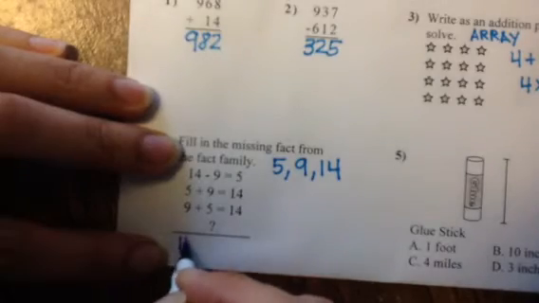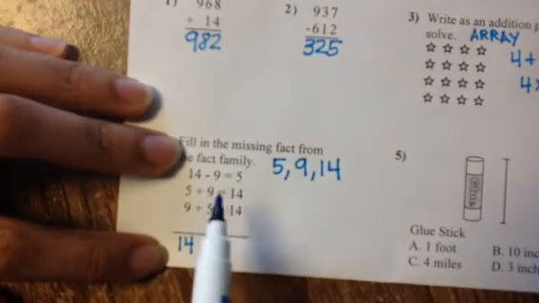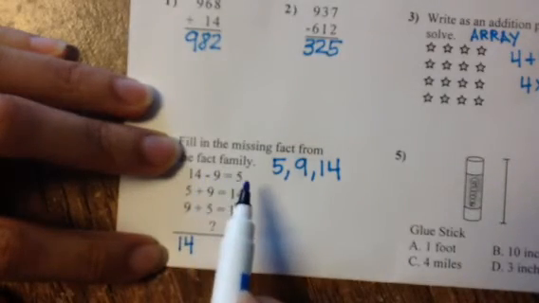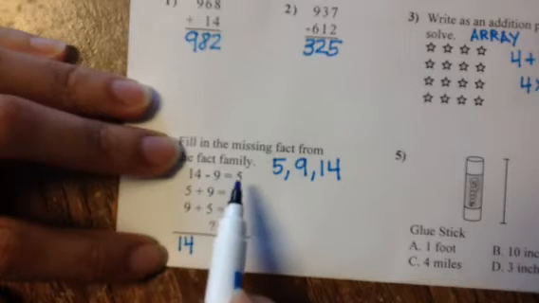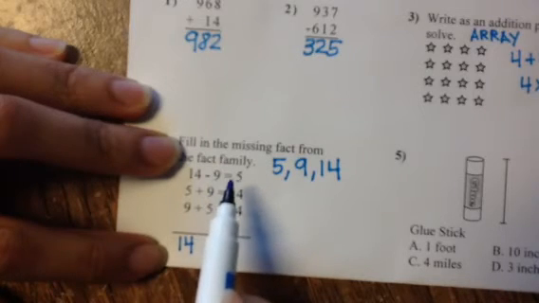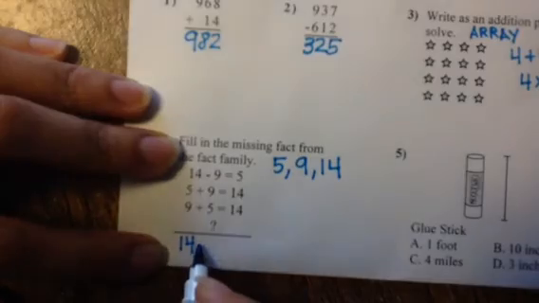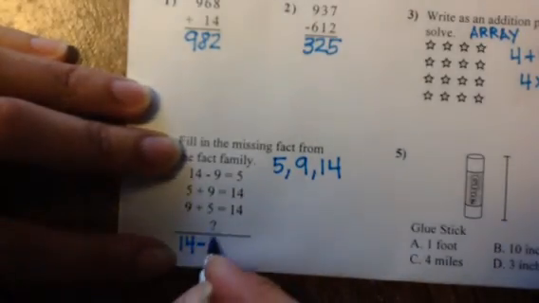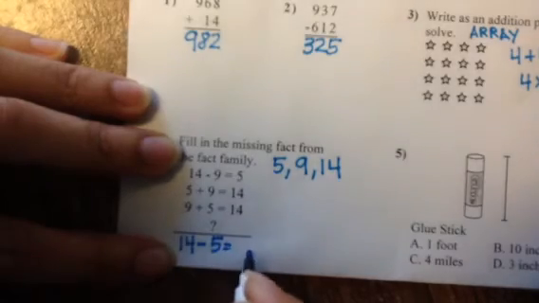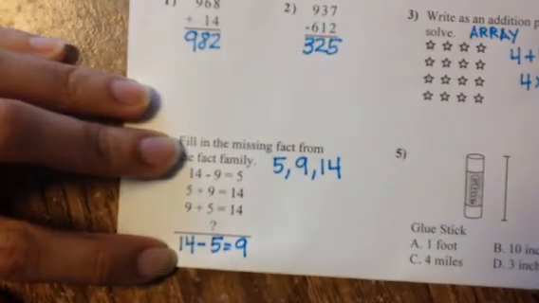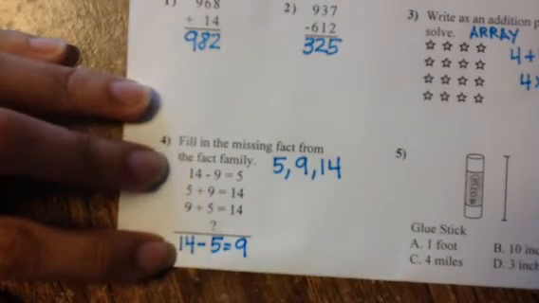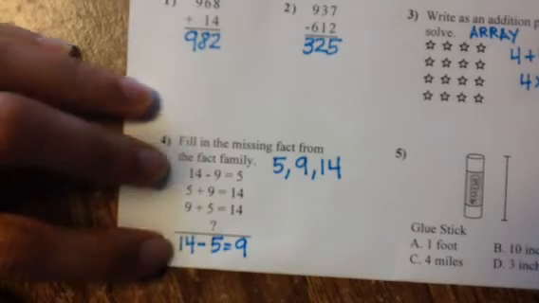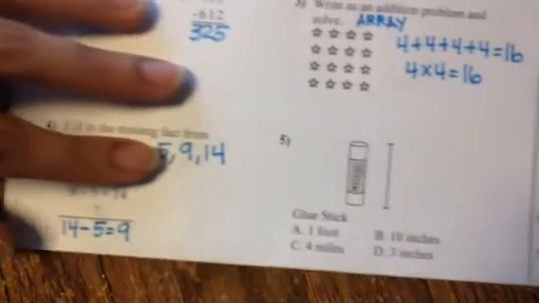So I am going to write 14. Now I have 14 minus 9 equals 5. So now I have to switch the 9 and the 5 around. So it's going to be 14 minus 5. So 14 minus 5 equals 9. And that is the missing fact from the fact family. All right, let's look at number 5.